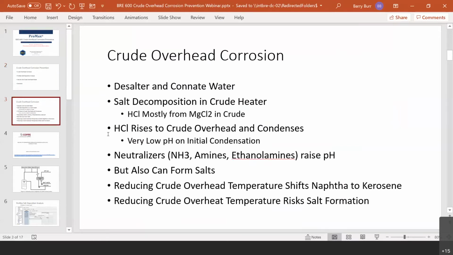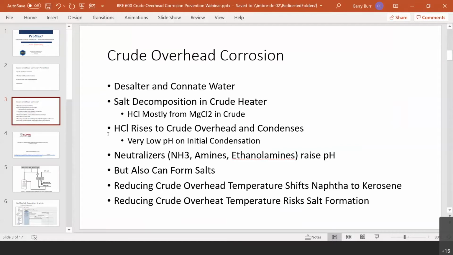So crude overhead corrosion is caused by chlorides that come from salts that are not removed in the desalting process. The crude comes in from storage, and it has some water droplets dispersed in it. This water that comes in with the crude is called connate water, and that connate water contains various salts.